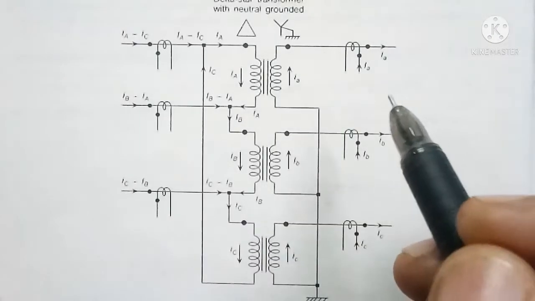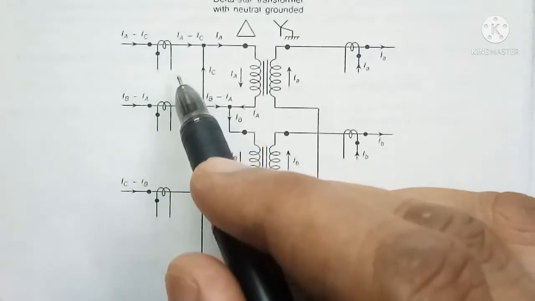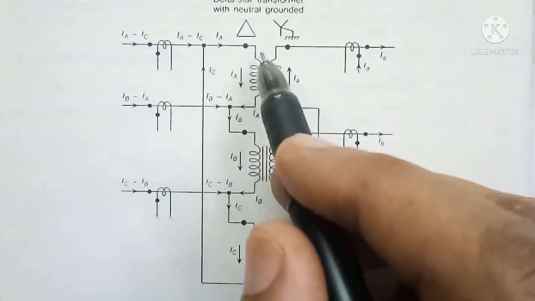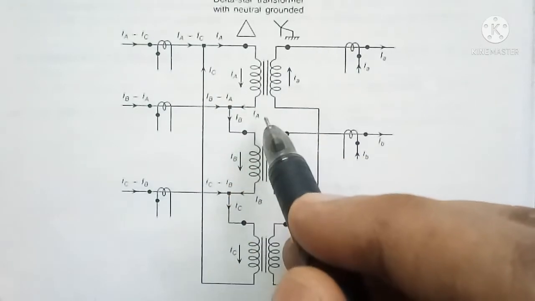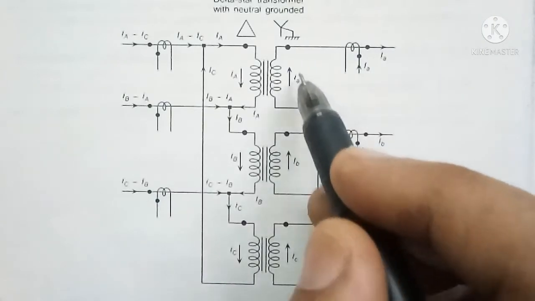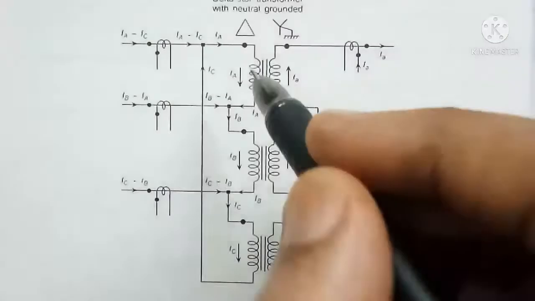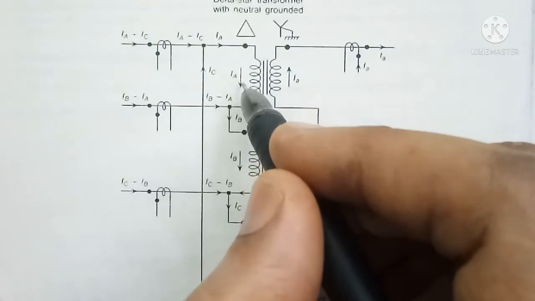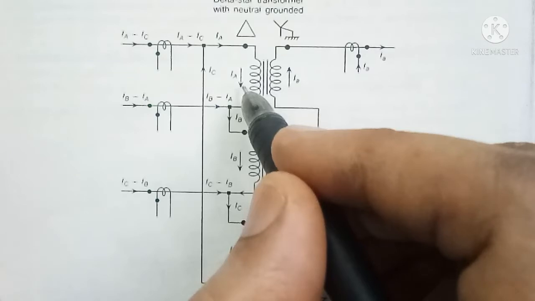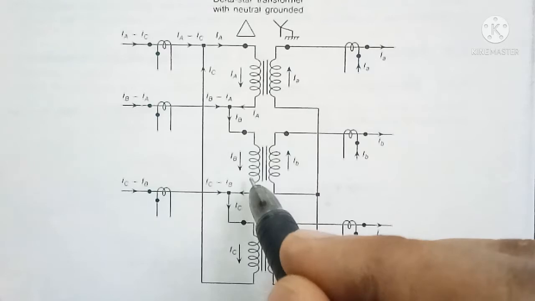Now here the currents flowing through CT primary and transformer primary, CT secondary and power transformer secondary are shown. Current flowing through phase A winding of power transformer is downward on primary side, and here also phase current is downward.